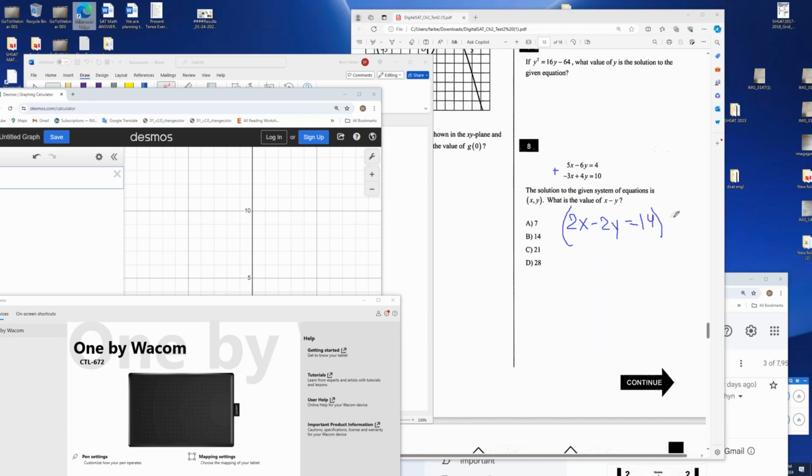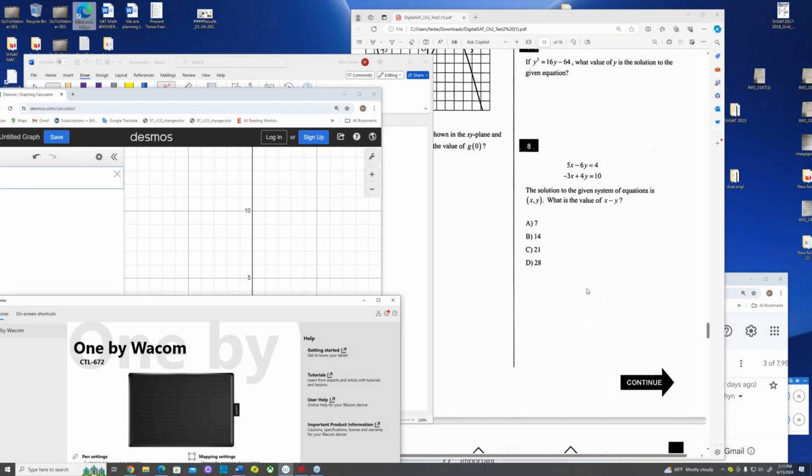Divide everything by 2. You get x minus y equals 7. I have seen students use other methods, but no, it's mental. You can do it mentally. So when you have a system of equations, always look at this for a sec.